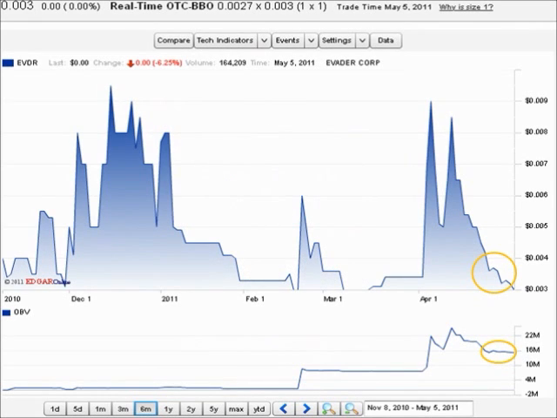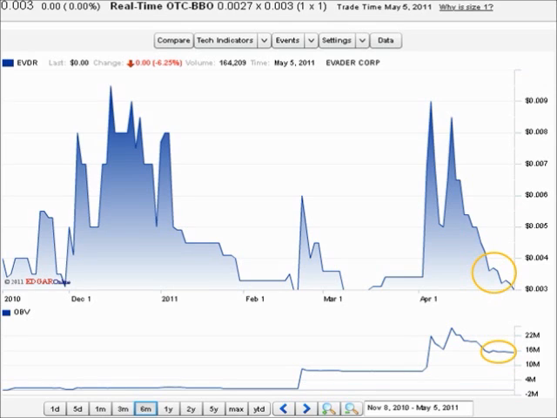So on we move to our first chart of EVDR, and this first one that we are looking at is an on-balance volume chart. The top chart is the daily price, and the bottom chart is the on-balance volume. I've highlighted these orange circles so that you can see the divergence of the two charts.